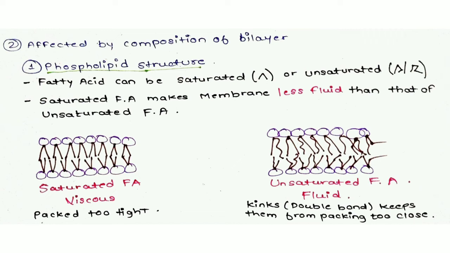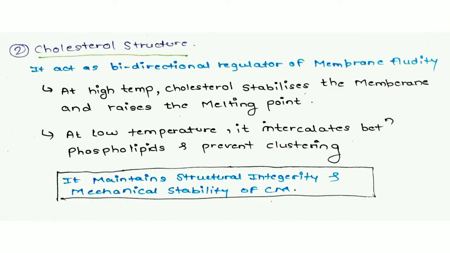Whereas in the second diagram you can see there is unsaturated fatty acid, which is shown by the zigzag line, that implies there are kinks or double bonds that keep the phospholipids away from each other and not too closely packed, giving rise to their fluid nature.